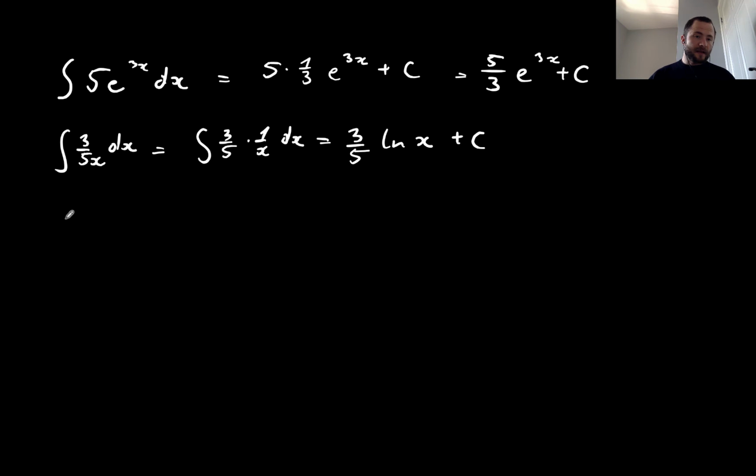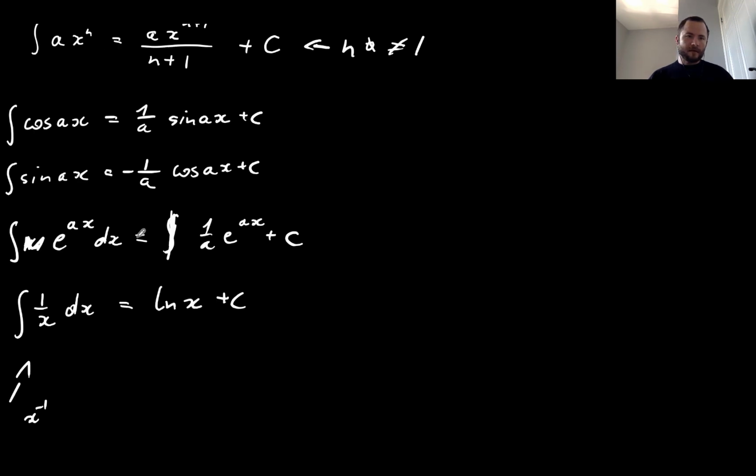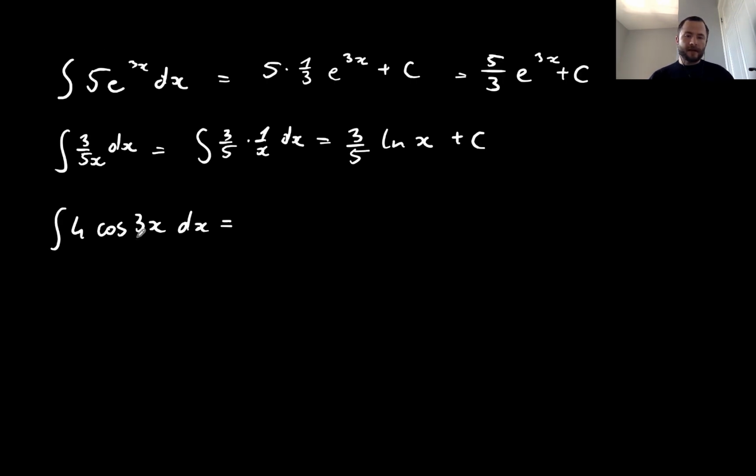And last, let's take a look at integration of a trigonometric function. So we have 4 cos of 3x dx. When I'm integrating that, I'm remembering that an integral of cos of x is, if I recall correctly, sine of x. Let's take a look back: cos of x gives 1 over a sine ax.